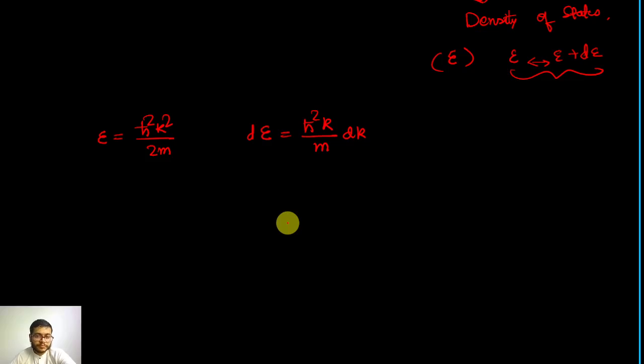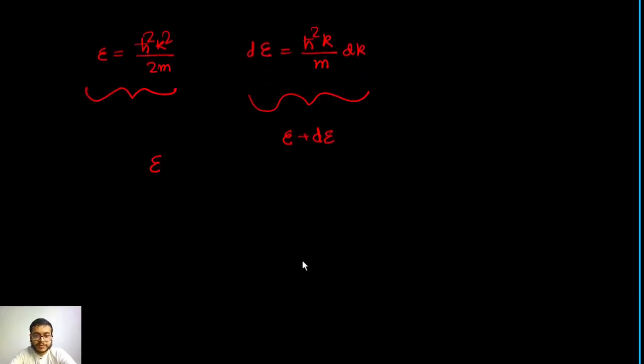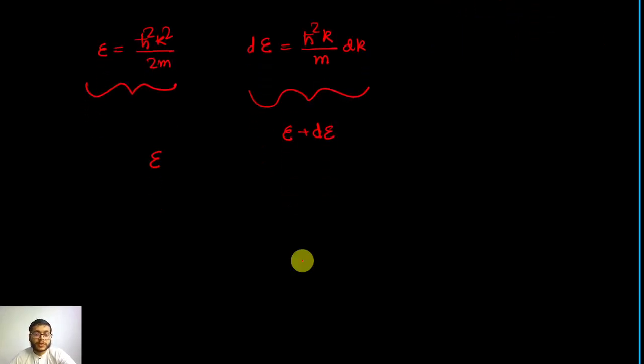Fine. So now what we can do is we can say that we have a Fermi surface with Fermi energy E, and we have a Fermi surface with Fermi energy E plus dE. Then how many electronic states did we add? What will be the approach here?